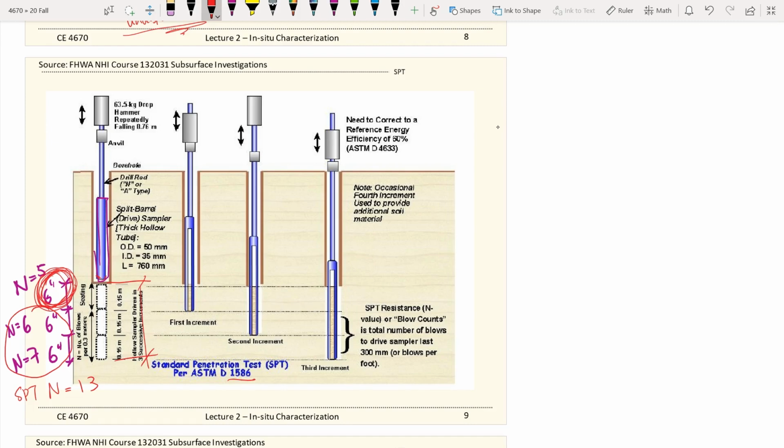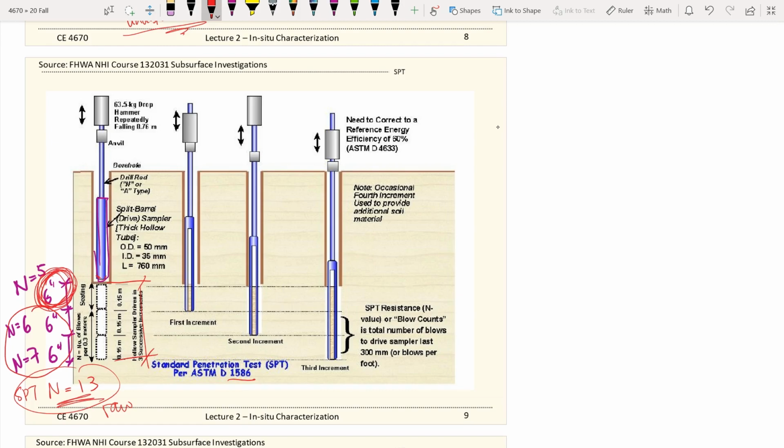But after that, the second and third 6 inch intervals, the sum of the blow counts becomes your SPT N value. So we call this the N value. There will be some corrections later on. We will discuss how to correct whatever you get there and talk more about that.